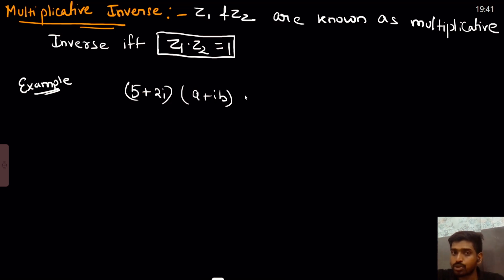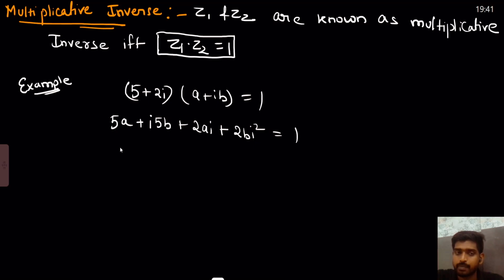So the multiplication of both should be equal to 1. Got it? Now we'll multiply and we'll find the value of a and b. So multiplying, we get 5a plus iota times 5b plus 2a iota plus 2b iota square is equal to 1.